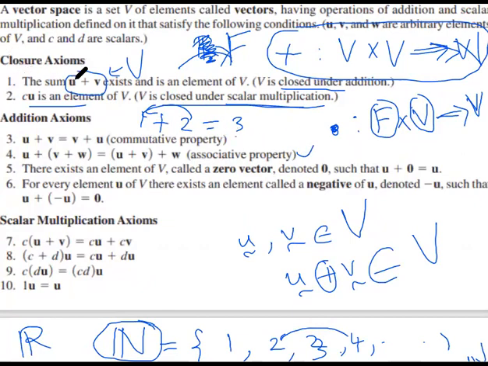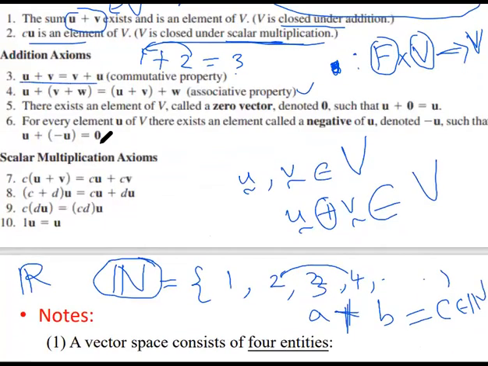First, you have to check whether this operation is closed under vector addition. And you have to check whether it is closed under scalar multiplication, right?